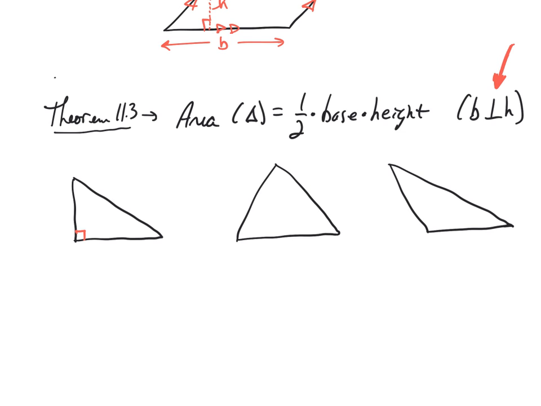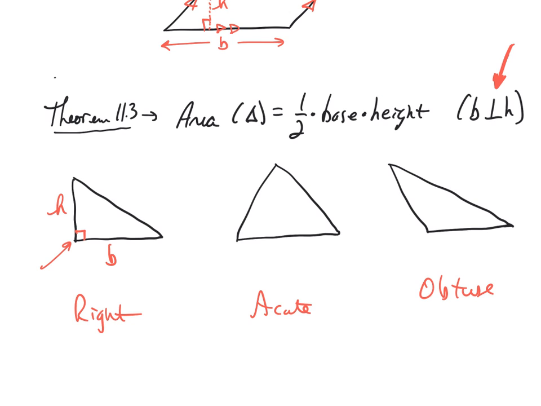Now, we have three types of triangles classified by their angles: right triangles, acute triangles, and obtuse triangles. The nice thing about a right triangle is we already have a 90-degree angle. So in that case, we normally consider one of the legs to be the base and the other leg to be the height. Those would be the two that form the 90-degree angle.